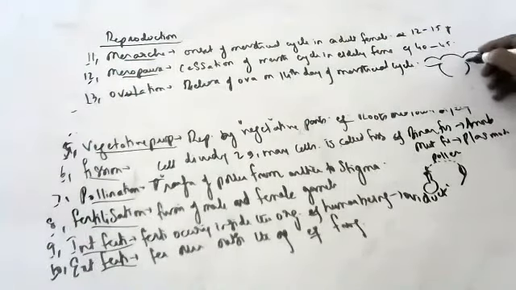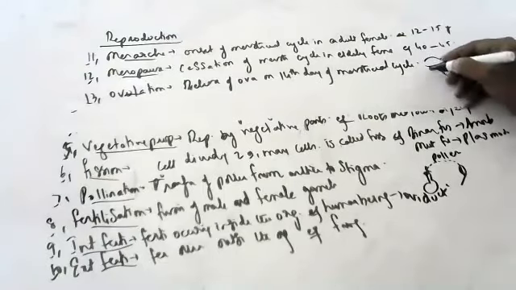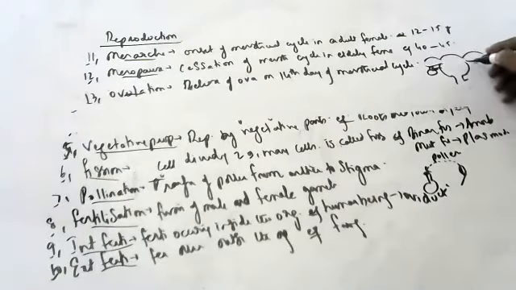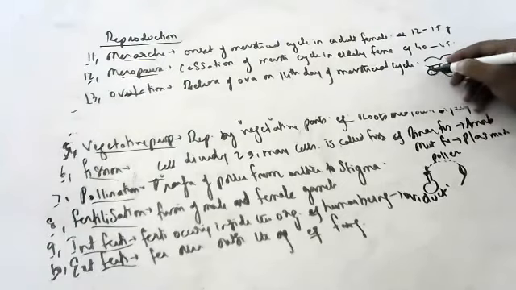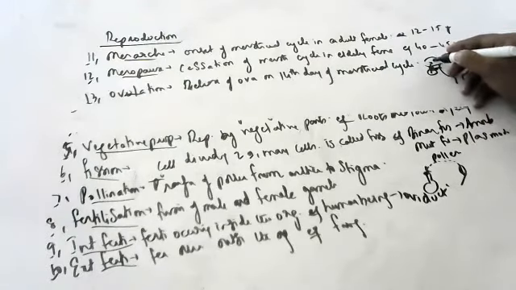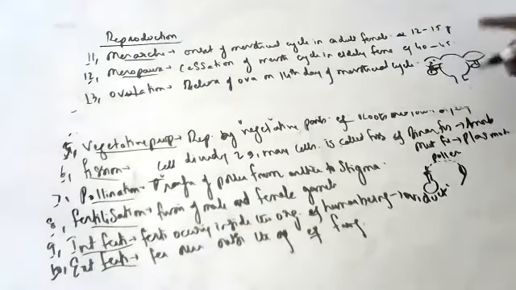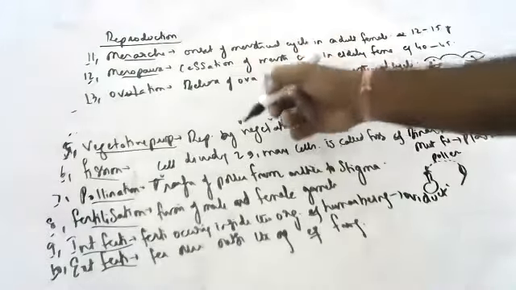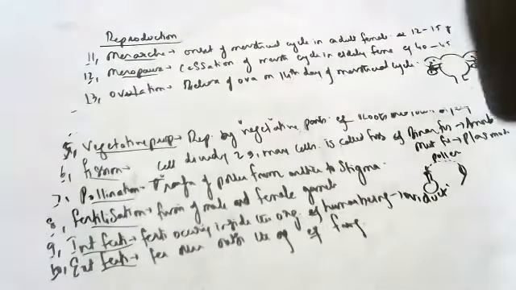This is a rough figure of the female reproductive system. From the ovary on the 14th day, the ova will come into the oviduct. This release of ova on the 14th day of the menstrual cycle is called ovulation.